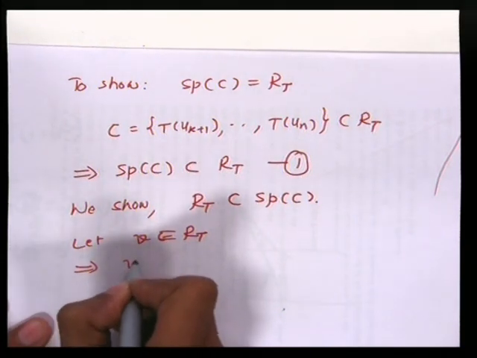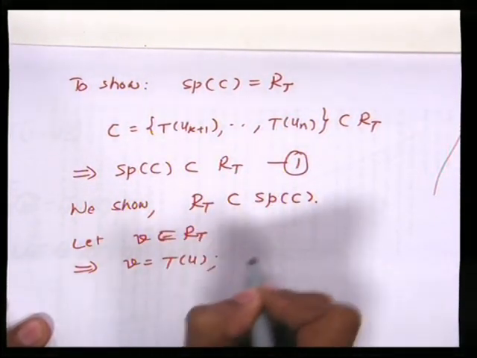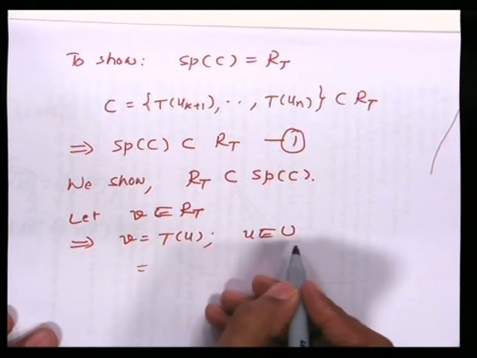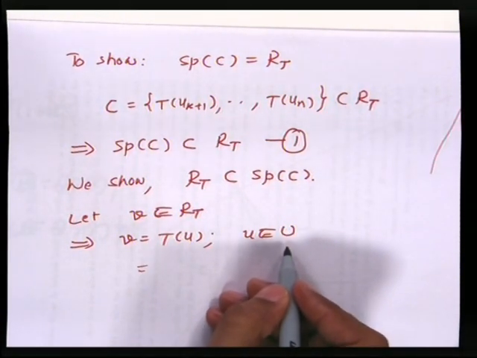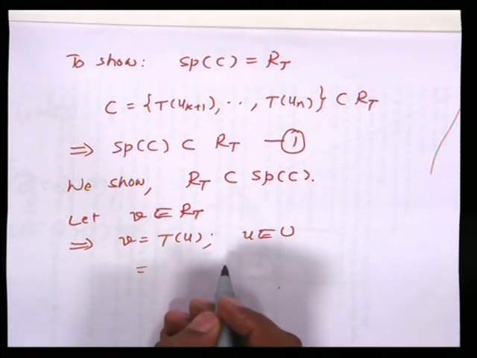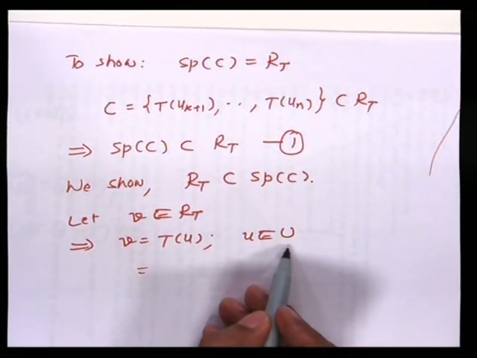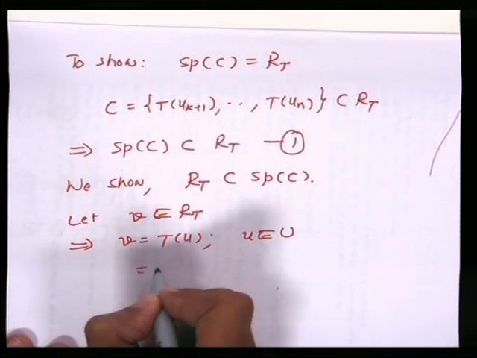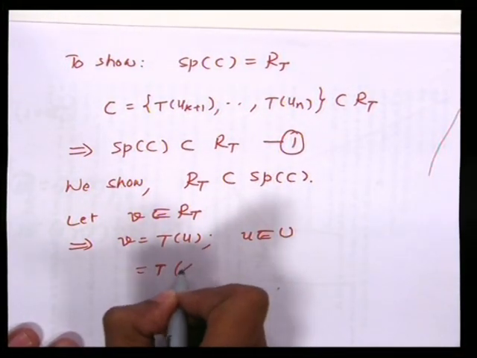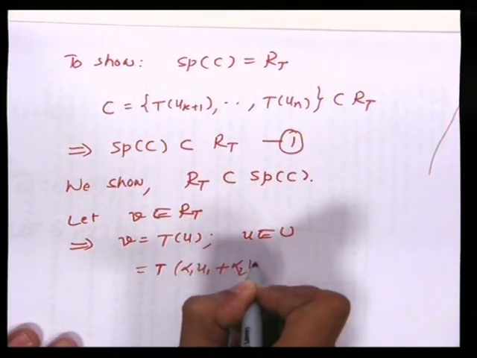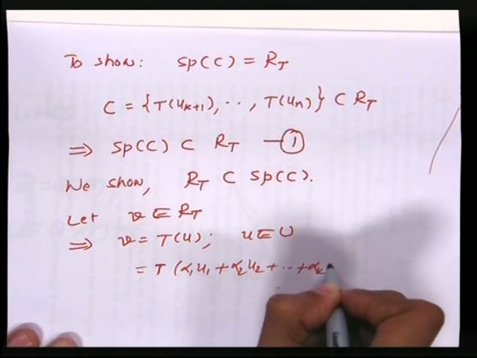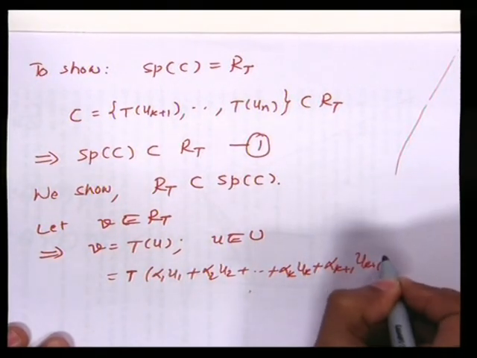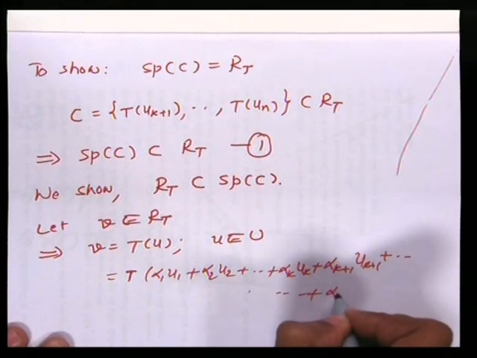So v is equal to T of u for some small u belonging to U. Now as u belongs to U and the set B containing n vectors u1, u2, up to un is a basis of the domain space U of T, we can express u as a linear combination of vectors of B. So we can write T of alpha 1 u1 plus alpha 2 u2 plus up to alpha k uk plus alpha k plus 1 uk plus 1 plus up to alpha n un.